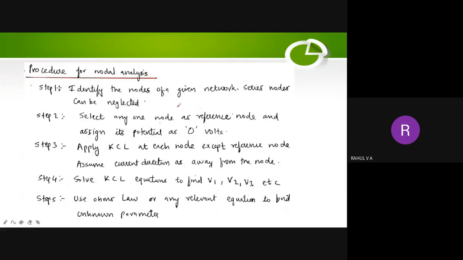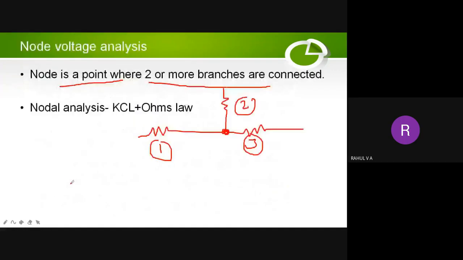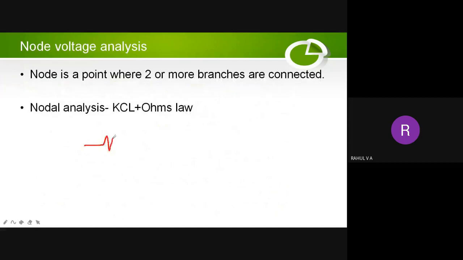So what is the difference between a series node and other nodes? Series node means when two branches are connected. So this is also a node. When two or more branches are connected, that point is called a node. A node where two branches are connected is called a series node.